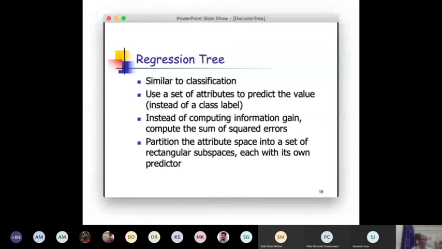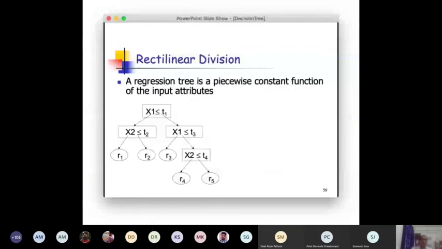So partition the attribute space into a set of rectangular subspaces, each with its own predictor. A regression tree is a piecewise constant function, as you can see.